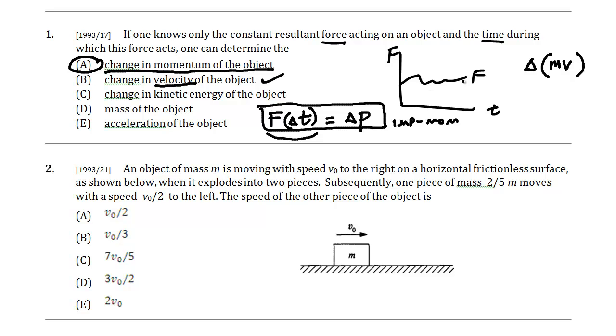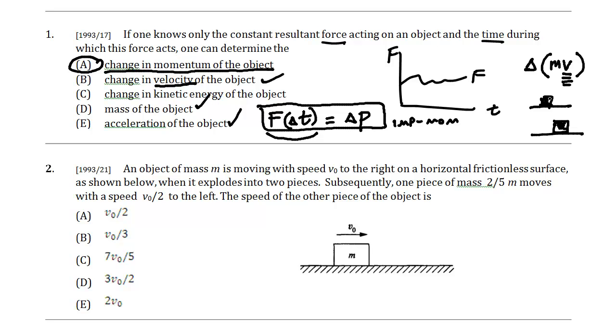Just because you apply a force over a time, think about it. You could apply a force for a time on a little brick or a gigantic box. So without knowing the mass, you're not going to know how the object accelerates. Without knowing the velocity change, there's no way to determine the mass of the object.